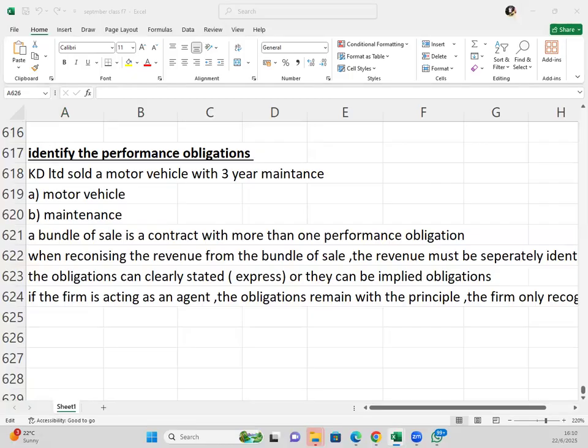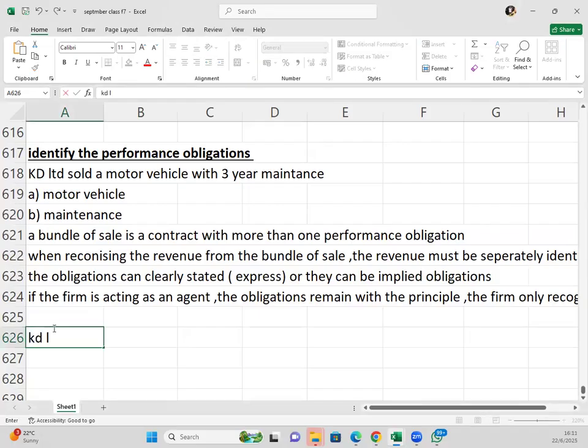So we can say that, let's have KD Limited. KD Limited is a company that sells cars.